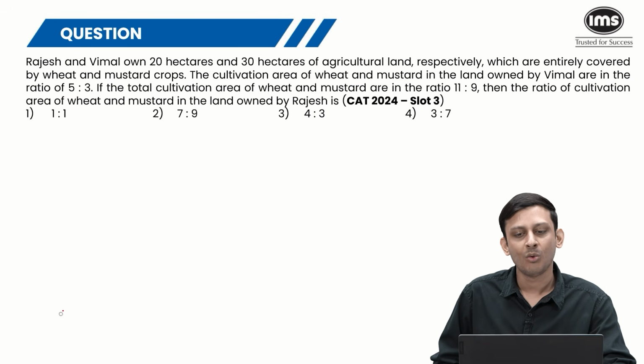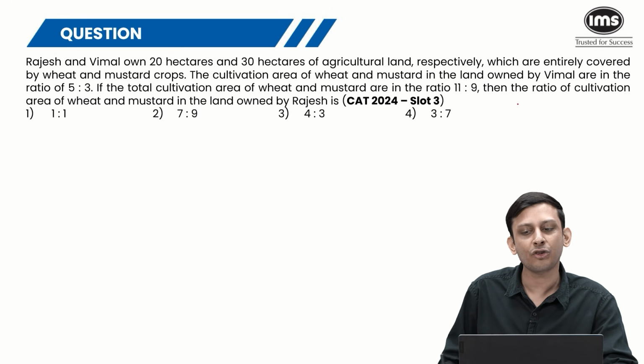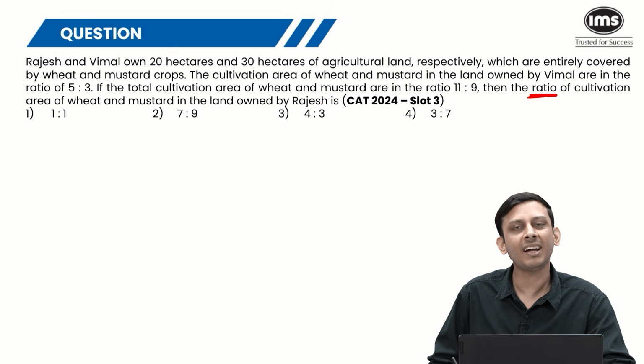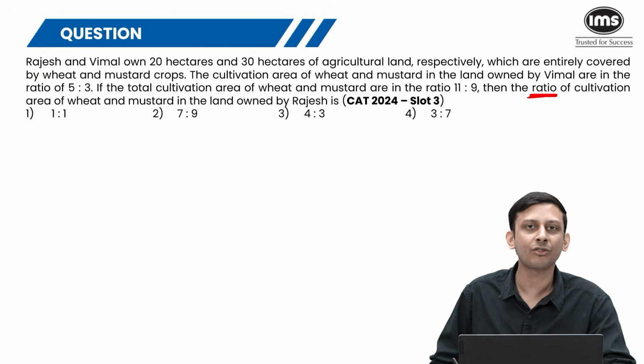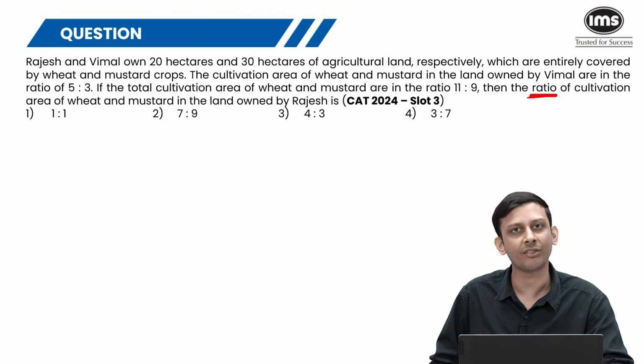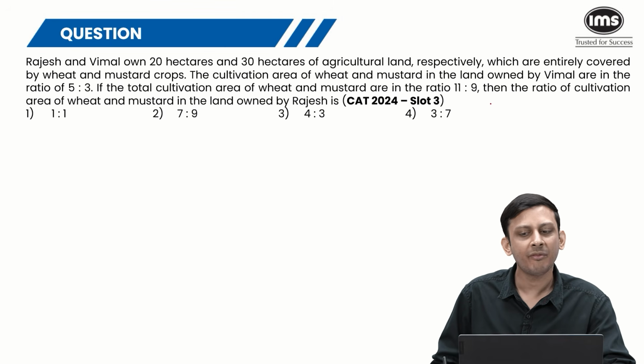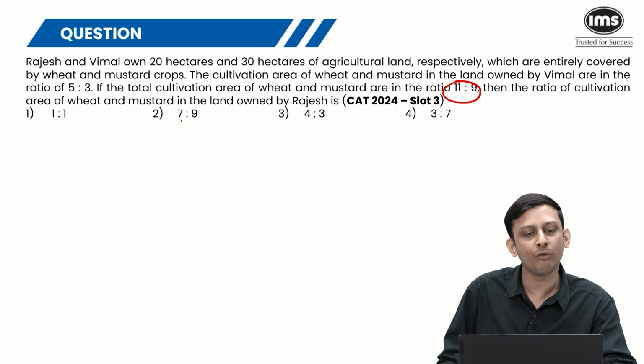Now, what we first have to understand here is that ultimately we need to find a ratio. We don't need to find the actual quantity or the actual hectares for wheat and mustard for Rajesh, just the ratio. And we have all the information in terms of ratio. For the total, we have a ratio. For Vimal, we have a ratio. And for Rajesh and Vimal, we have the actual quantities.